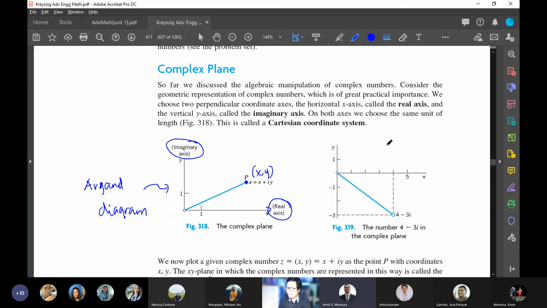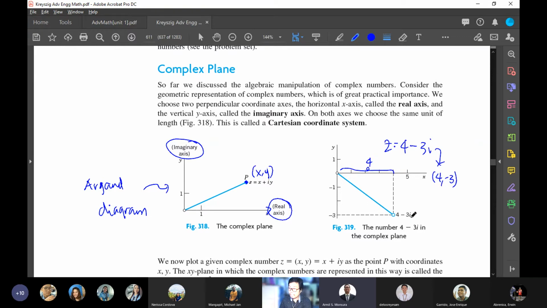Okay. So for example, you now have the number z equals 4 minus 3i. Equivalently, you have the ordered pair (4, -3). How do we locate this on your Cartesian plane, or basically on your complex plane? We locate the 4 along the horizontal axis, so this is 4 units.